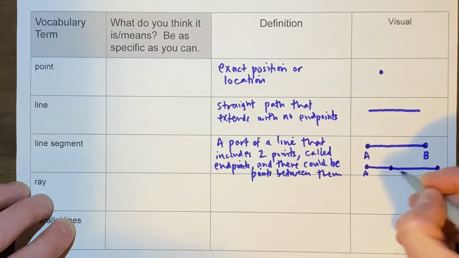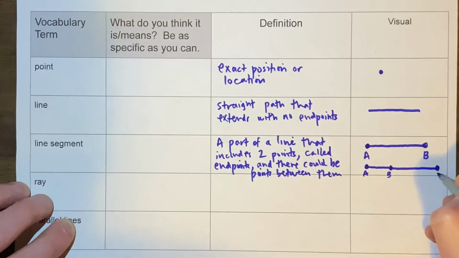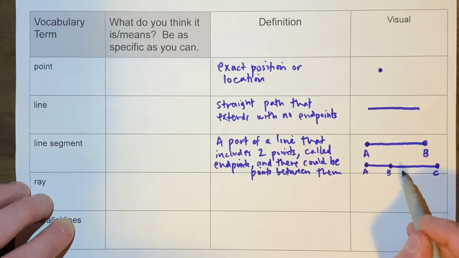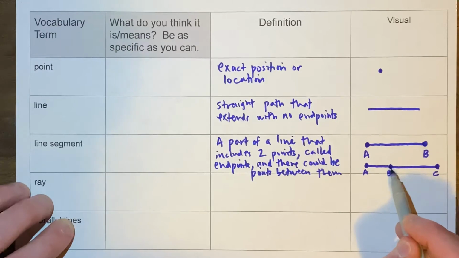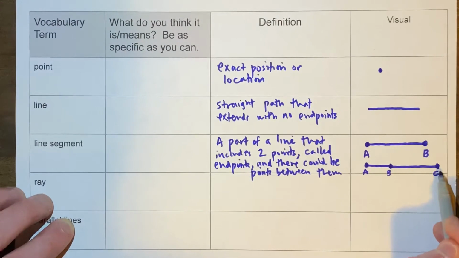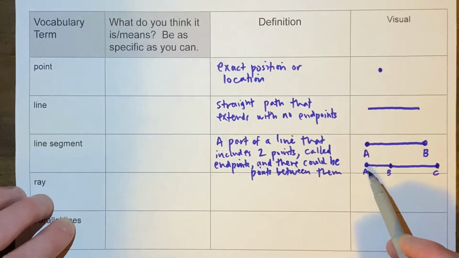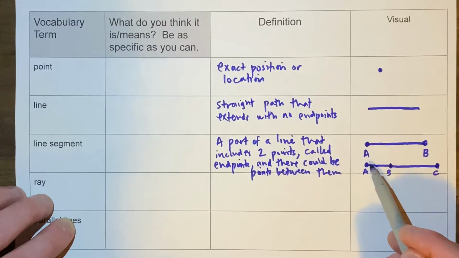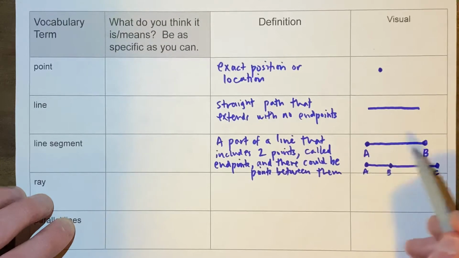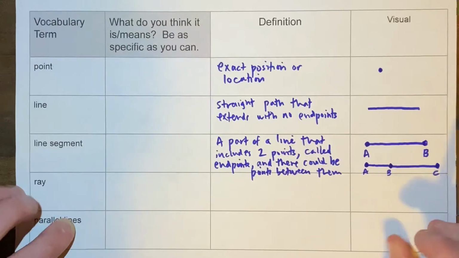So we have A, we have B, and we might have C. You might identify A to B is a line segment, B to C is a line segment. You could also say A to C creates a line segment. So these points on this line are what makes it a line segment, because this is different than a line because these have endpoints. These do not.